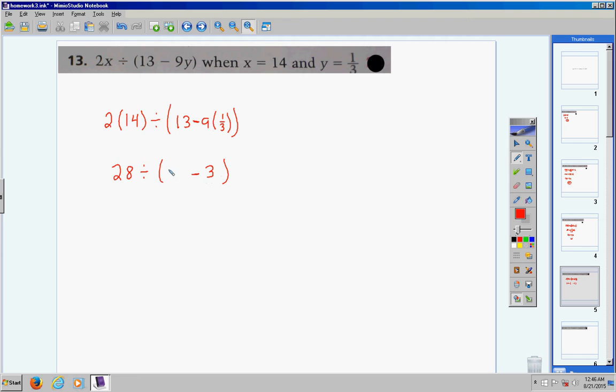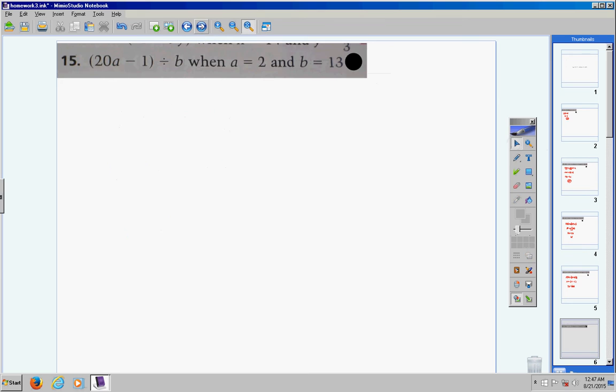Use a calculator if you need to, okay? 9 times 1/3 is 3. So now I have 13 minus 3, or 13 negative 3, which would be 10. So 28 divided by 10. Well, use a calculator if you need to. 28 divided by 10 would be 2.8.